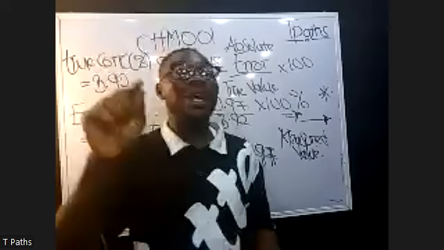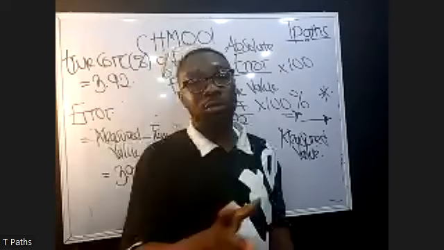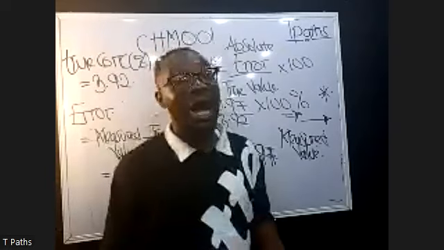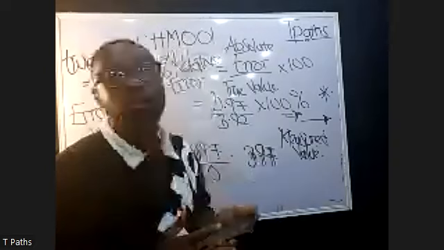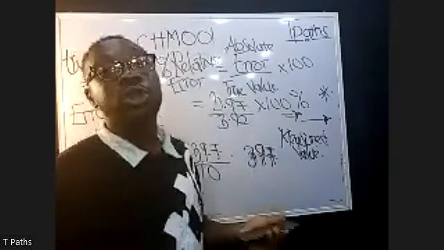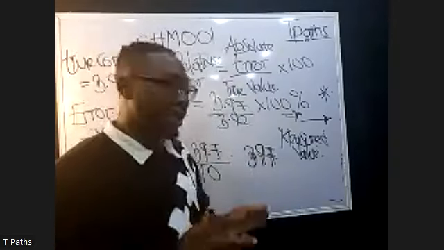Also note that systematic error can be avoided, but random errors cannot be avoided. So that is one way of differentiating between systematic error and random error.